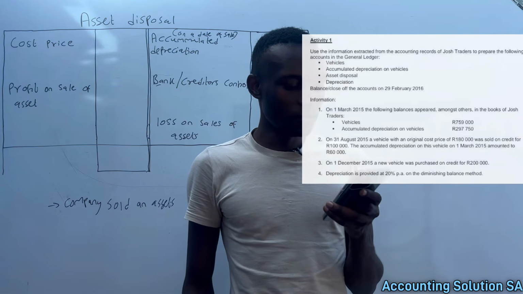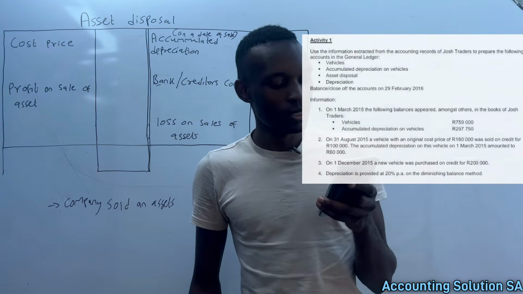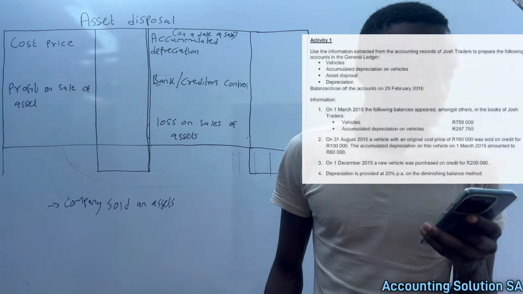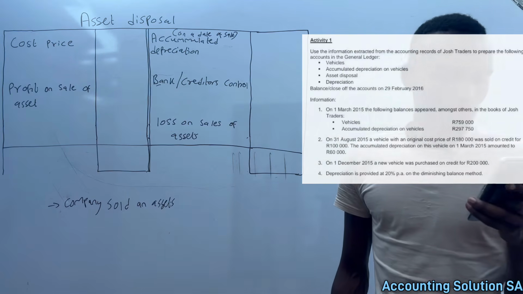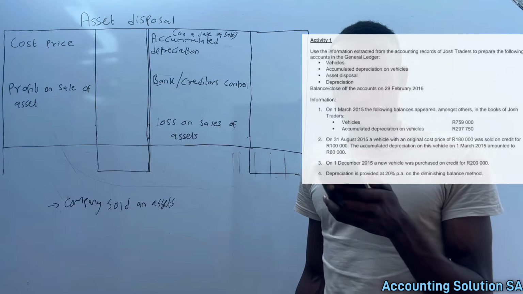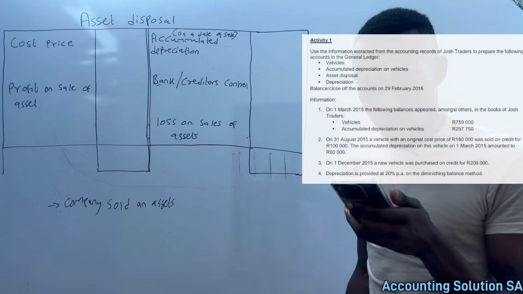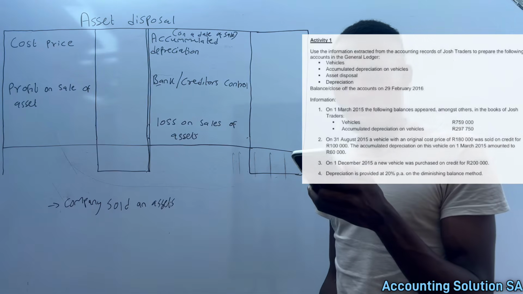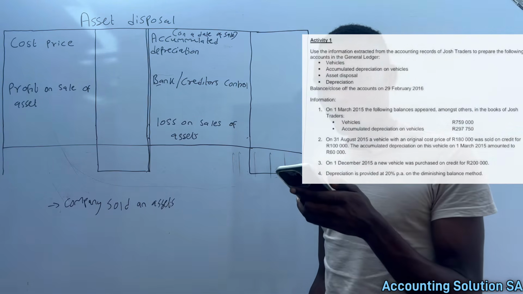On 1 March 2015, the following balances appear among others in the books of George Traders. We are not going to use those balances. And when we proceed, number 2, they said on 31 August 2015, a vehicle with an original cost price of 180,000 was sold on credit for 100,000, and accumulated depreciation on this vehicle on 1 March 2015.